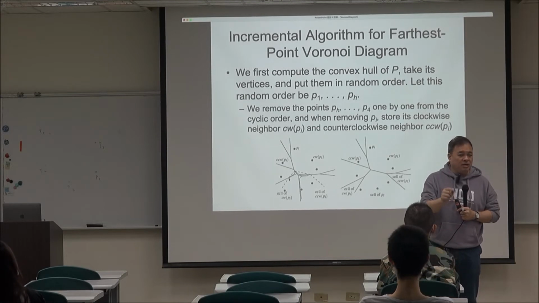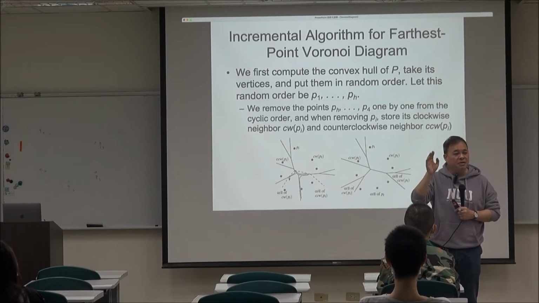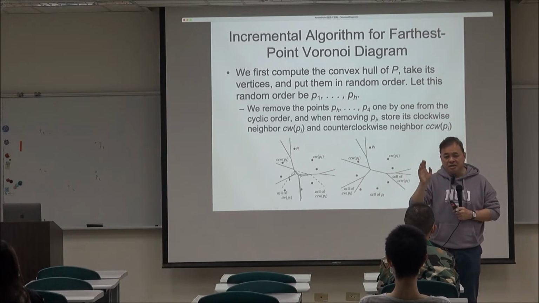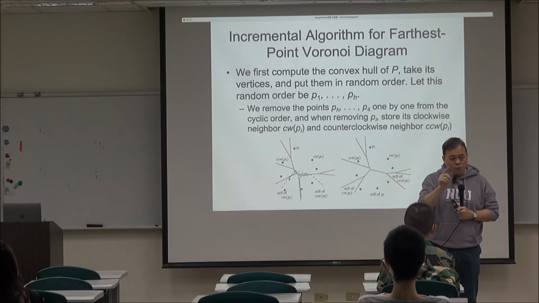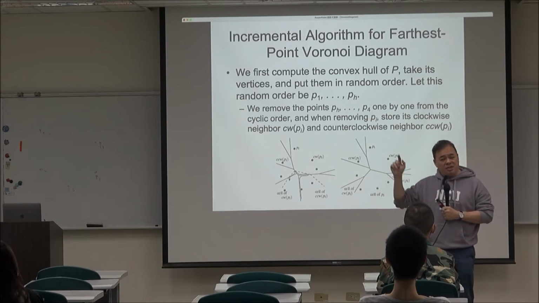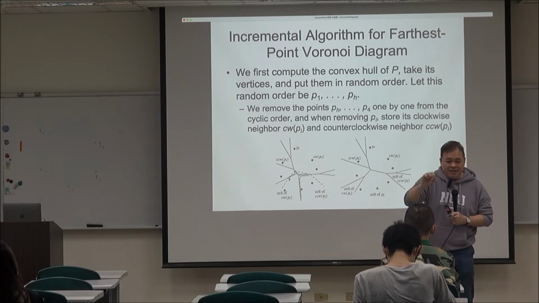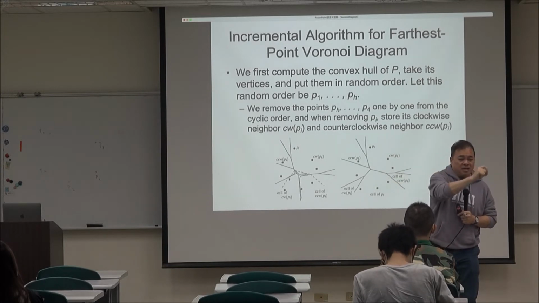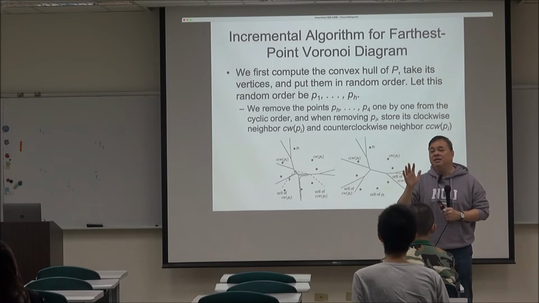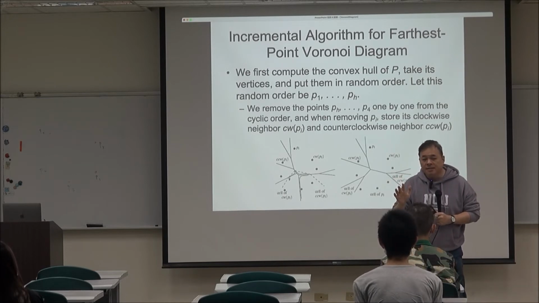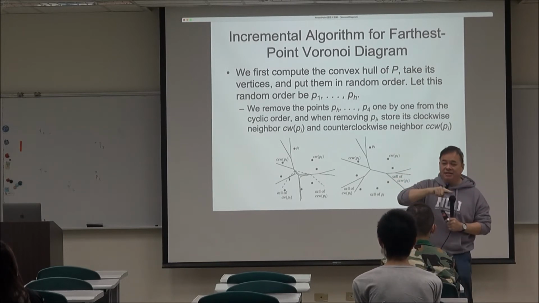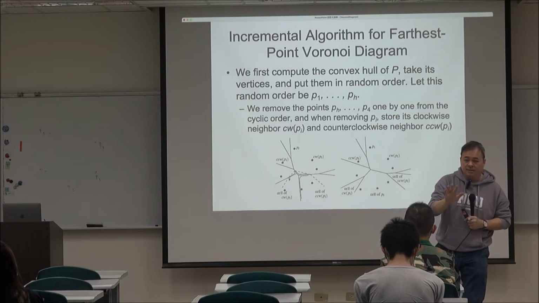Remember, I told you that when you remove each node, remember its clockwise neighbor and counterclockwise neighbor, right? Because you are doing this in reverse order, when you are adding pi, the clockwise neighbor and the counterclockwise neighbor have already been inserted, and you should have a cell for these 2 sides.